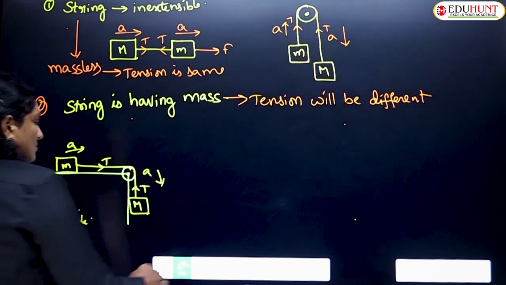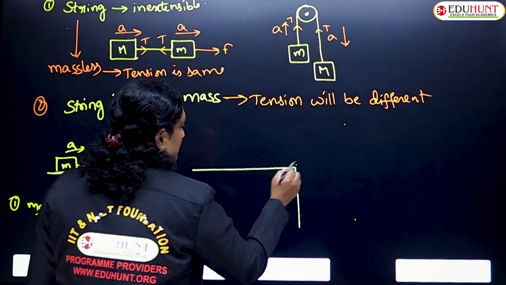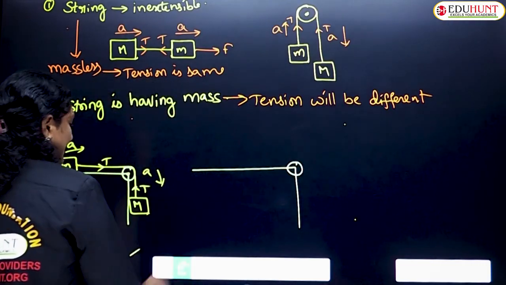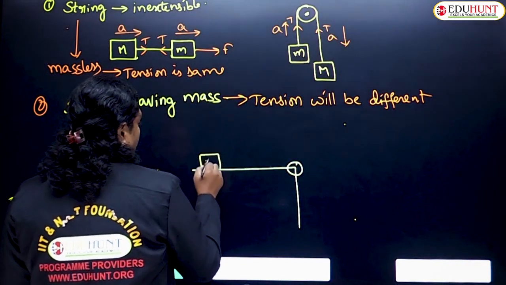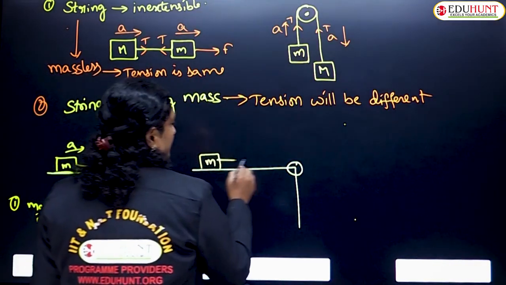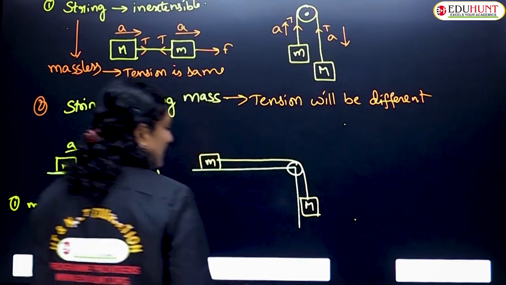Now I would like to continue with the same table to which a pulley is attached. Again, take a body of mass M and, with the help of a string, another body of mass M is attached.